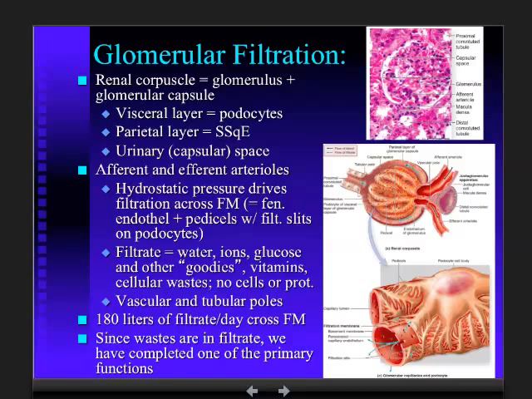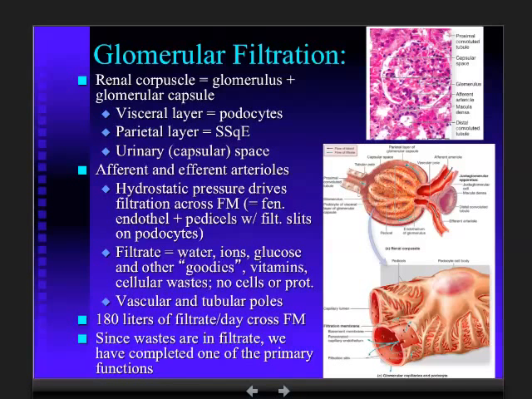And then the inner surface of the Bowman's capsule is intimately wrapped around those capillaries. So the inner surface, we could call it the parietal layer. No, we call it the visceral layer, the one that's around the capillary.